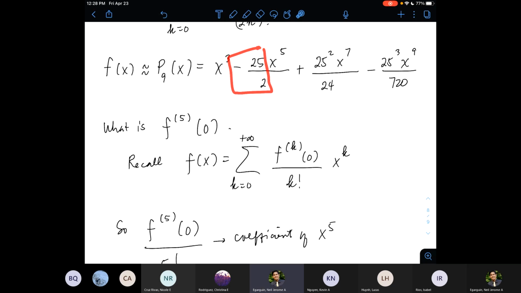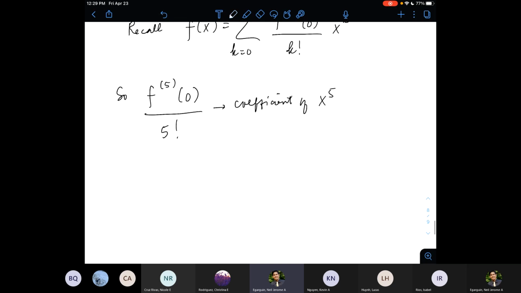And according to our formula, negative 25 over 2 will be equal to f upper 5 evaluated at 0 over 5 factorial. Because according to the formula for Taylor series, whatever is beside x to the 5th is equal to f upper 5 evaluated at 0 over 5 factorial.